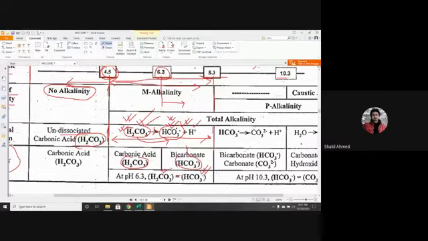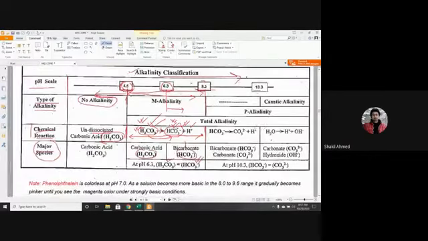And when you reach 8.3, then almost all of them are bicarbonate ion. There is no carbonic acid anymore. Now what happens at 8.3? At 8.3, one thing we realized is that we have mainly bicarbonate ion.